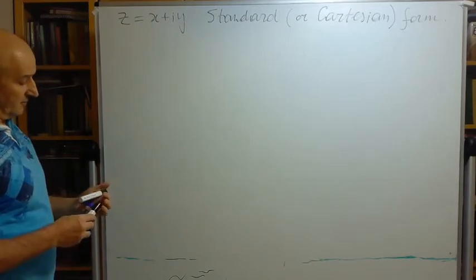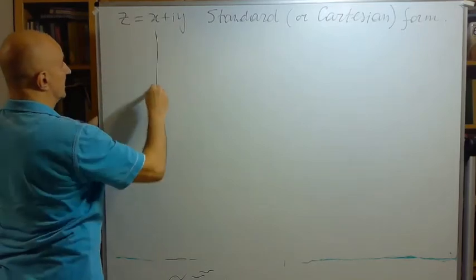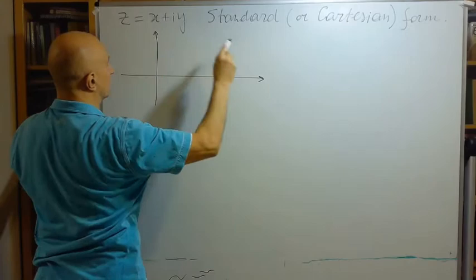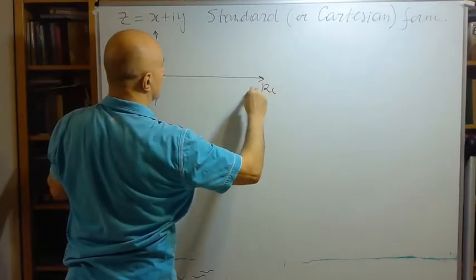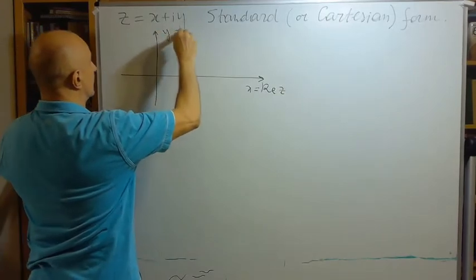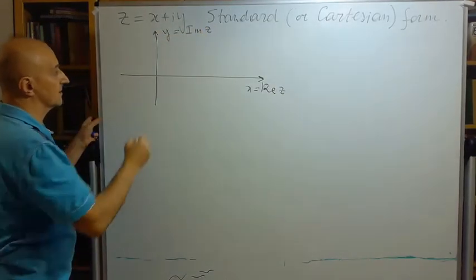Are there any other forms? Of course there are, because you know what may happen in the plane. So this is x or real part z, this is y or imaginary part z.